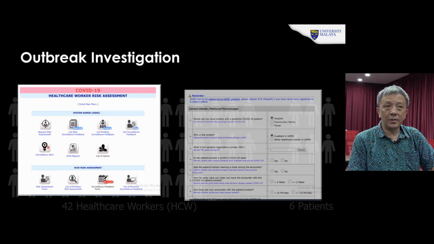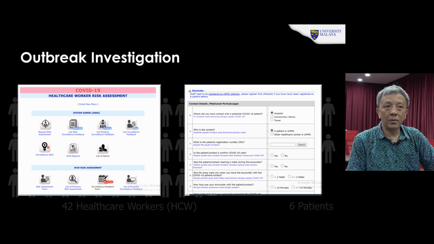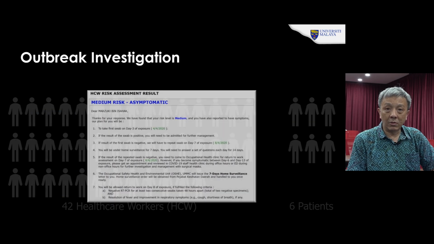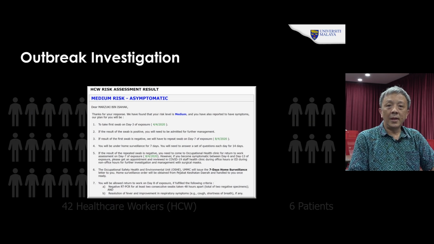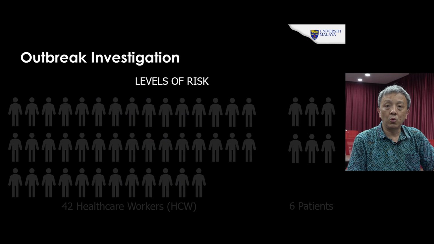So this is the investigation form. It's an online form. You complete the information inside the form, and after that, it will give you a result. The result consists of the risk level and also instructions on what you need to do.